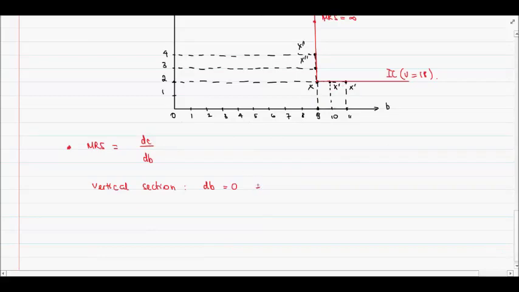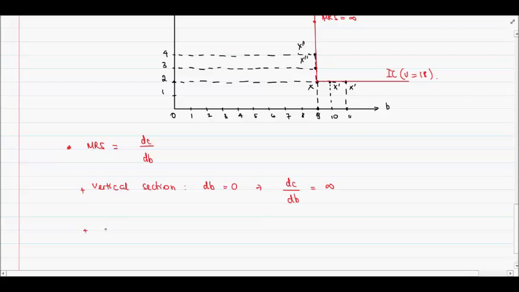Therefore, if the denominator is 0, then dC over dB is going to be infinite, since something divided by 0 is infinite. If anyone remembers from studying the slope of a line, the slope of a vertical line is infinite. So we have an infinite marginal rate of substitution along the vertical part of the indifference curve.